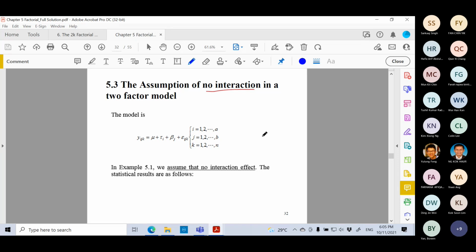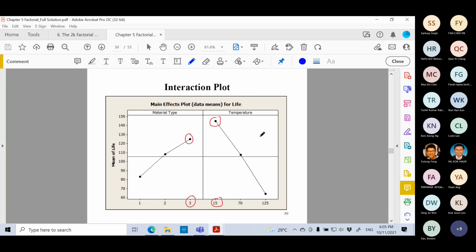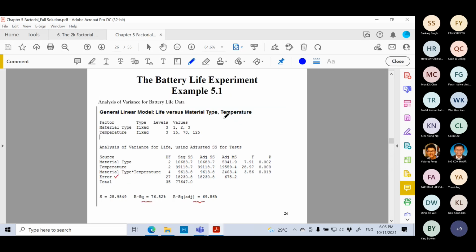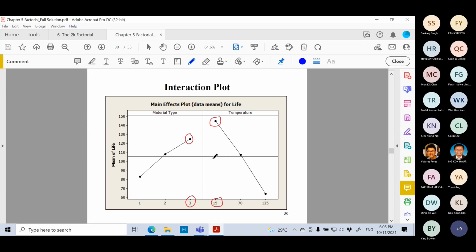Then I also showed you an example to show that when the interaction effect is significant, as in Example 5.2.1, where the interaction is significant, meaning you reject the null hypothesis of no interaction, your conclusion will be different.